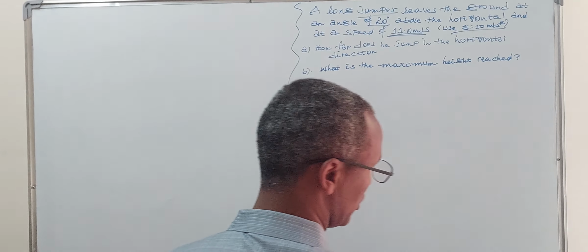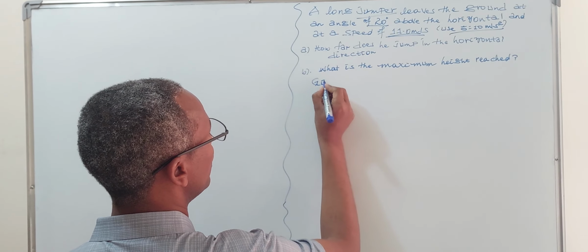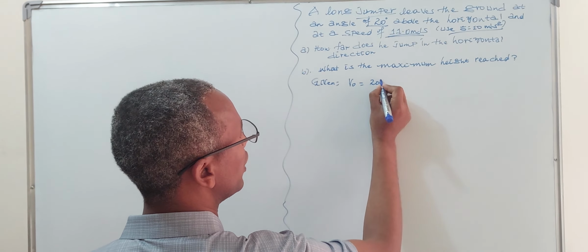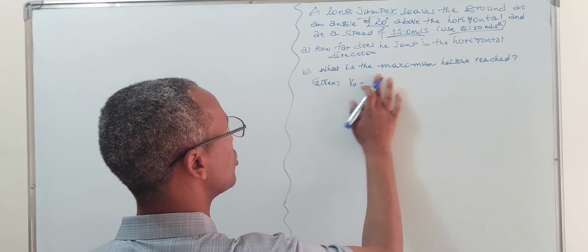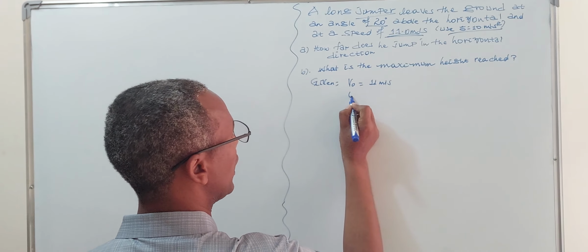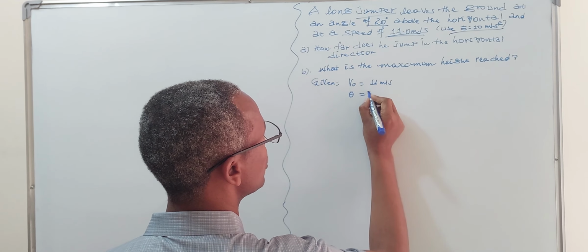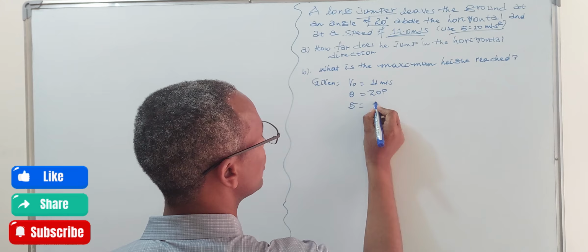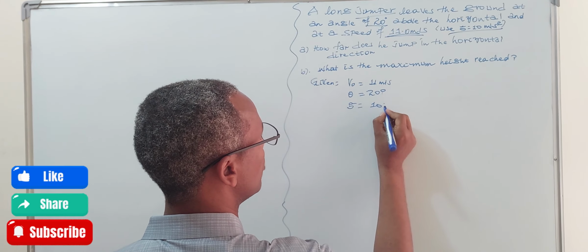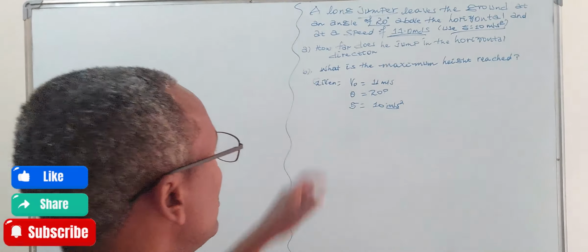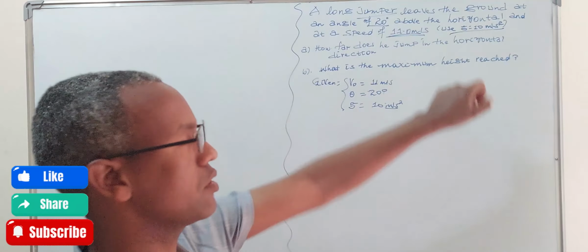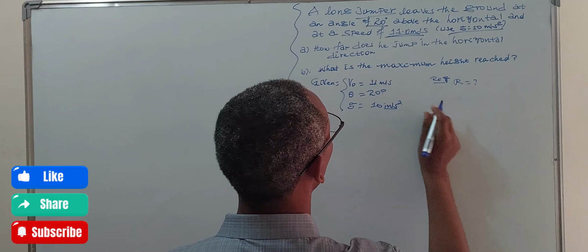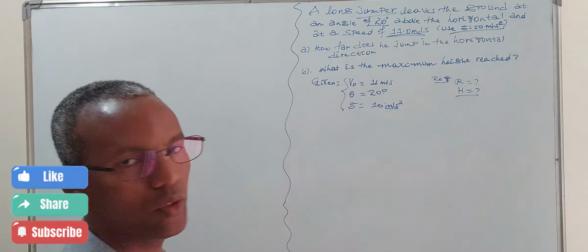Given: initial velocity v naught is equal to 11 meters per second, and the angle theta is equal to 20 degrees, and acceleration due to gravity g is equal to 10 meters per second squared. The required terms are the range or horizontal displacement, and the maximum height, which is h.